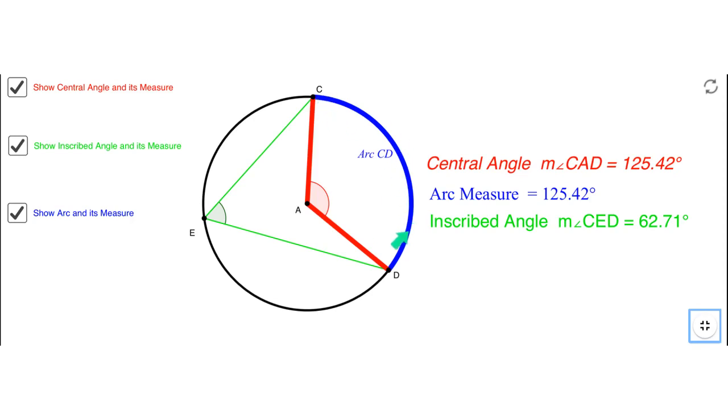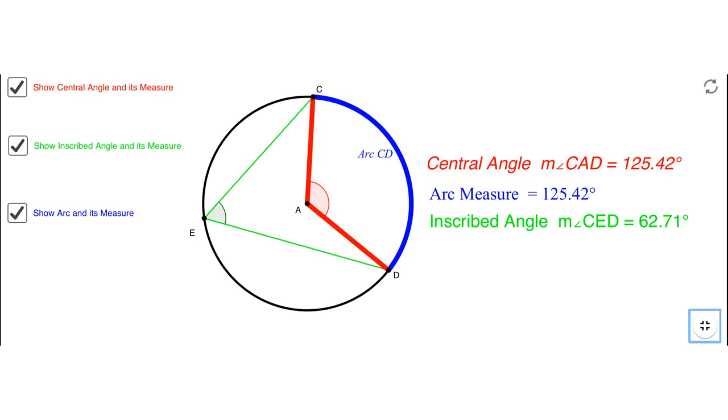All right, really the relationship is with the arc to the angle, but you can shortcut it if you know what you're doing after you get the hang of it. Since the central angle is the exact same as the intercepted arc, and if you have the same intercepted arc that corresponds with your inscribed angle, then you just divide it by 2 and you'll get the measurement of your inscribed angle.